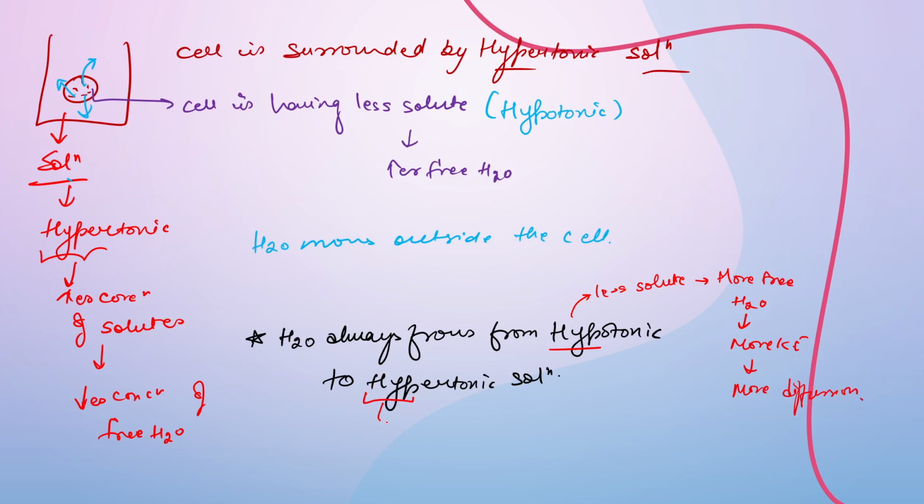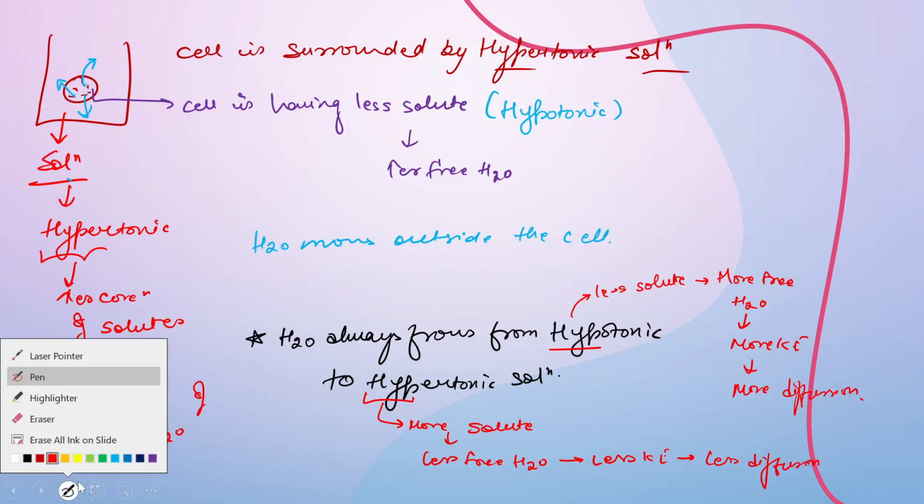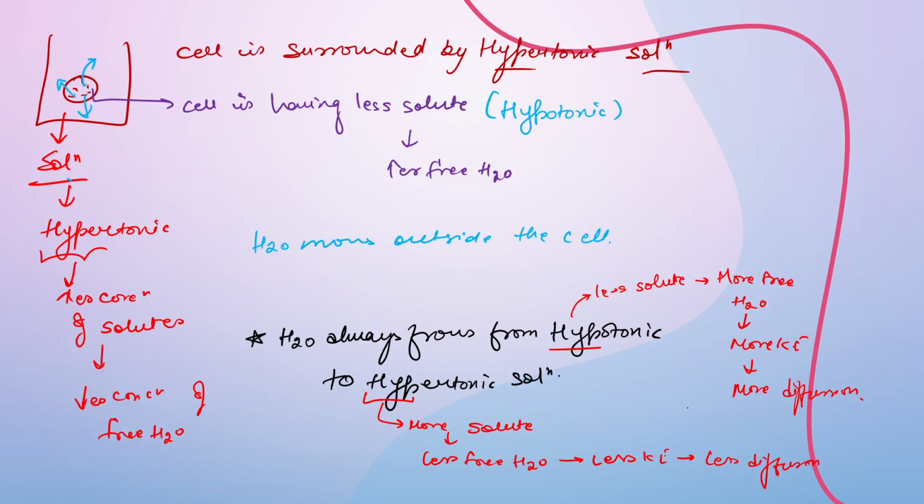Whereas hyper means more solute, which means less free water, and it means less kinetic energy, means less diffusion. So the water will move from higher diffusion area to less diffusion, right? The water will move from this to this. That's all. I hope it's clear to everyone now.